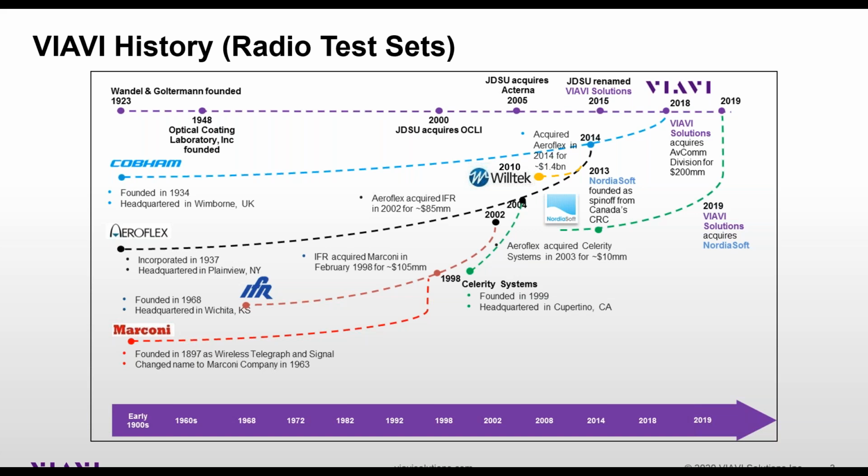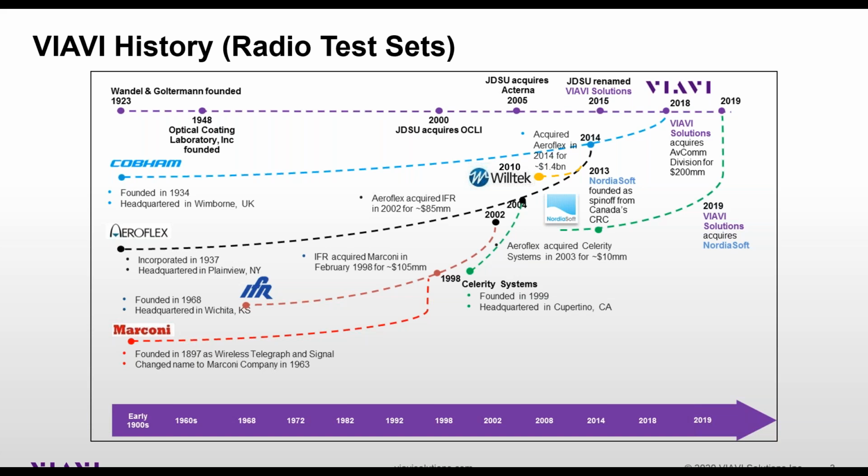I always present this slide. I think it's quite important to show the history of Viavi in terms of the radio test sets. My history started with Marconi Instruments many years ago when I was a young baby, and they sponsored me through university. We then got it incorporated into IFR in 1998, and then Aeroflex in 2002. All of these companies were doing a lot of things with radio test. And then probably the other key acquisition into the family was in 2010 with Wiltec.